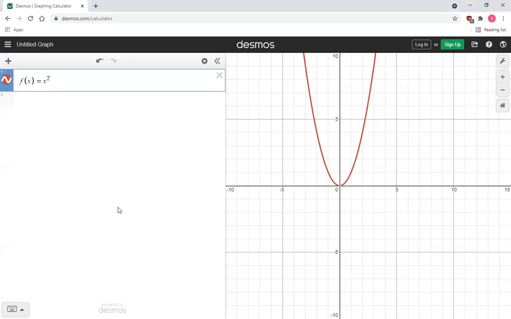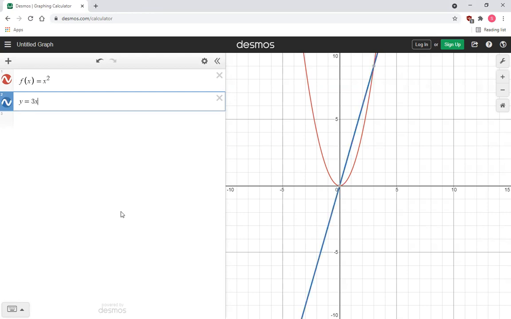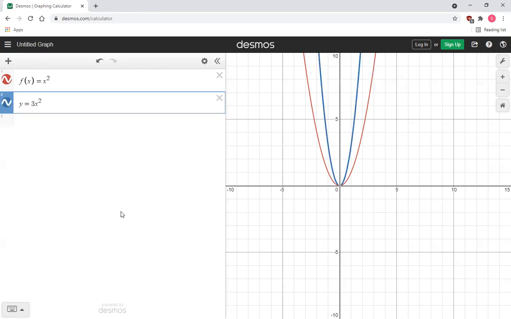Now, what this is telling us is if I were to modify that function and multiply it by some constant. So I'm just going to put y in instead of f(x) at this point because I don't want to confuse saying f(x) in this. So y is equal to, let's go for the 3 like I said originally, 3 times x squared.